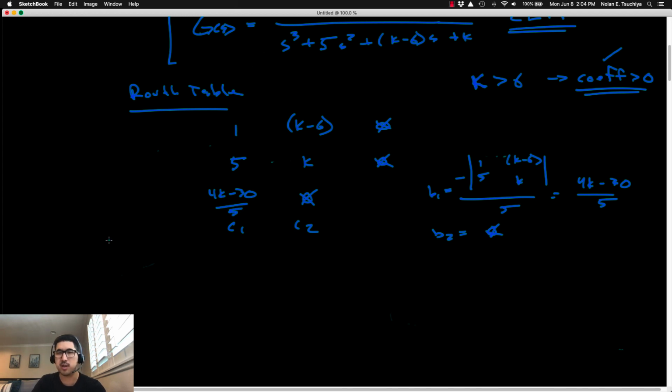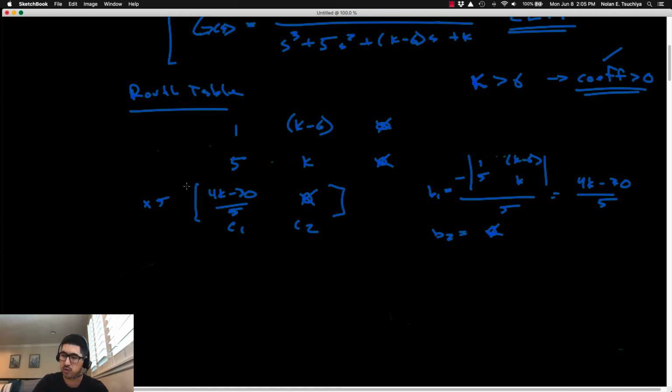Now here's a trick that I hadn't mentioned before, which will come in handy here. Once you complete any row of the Routh table, you can multiply the entire row by any positive constant that you want to simplify that row. If I look at this row and say, well, I don't like the fact that there's a fraction in the first element, if I multiply by any positive constant, I'm not changing anything.